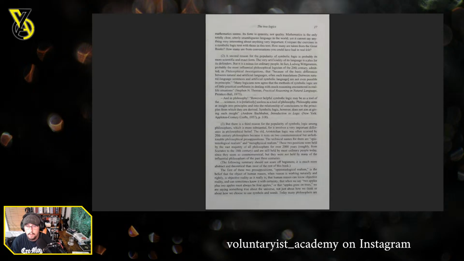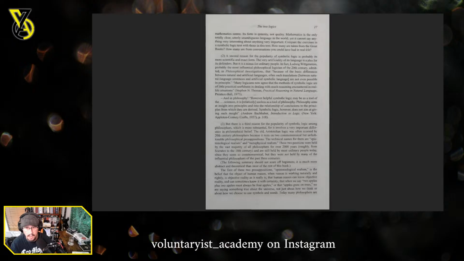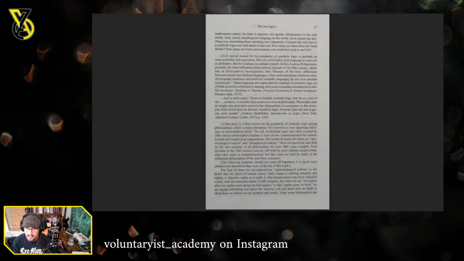Okay, number 2. A second reason for the popularity of symbolic logic is probably its more scientific and exact form. The very artificiality of its language is a plus for its defenders, but it is a minus for ordinary people.